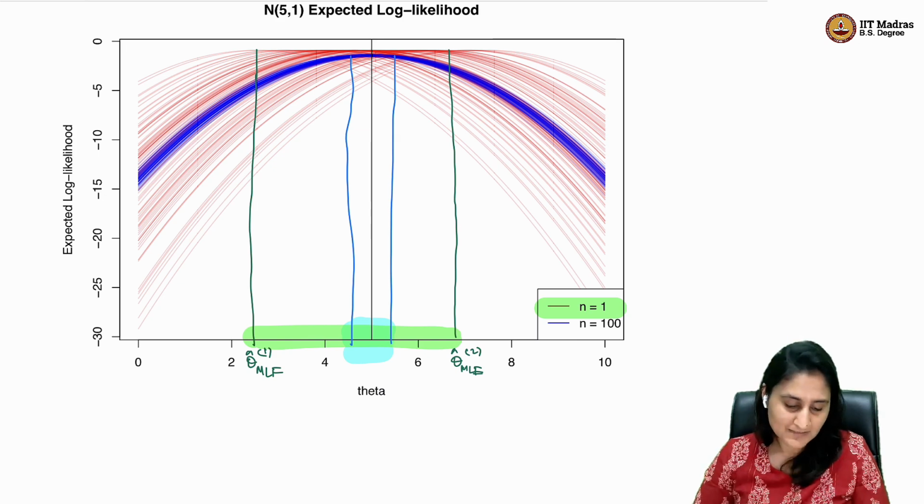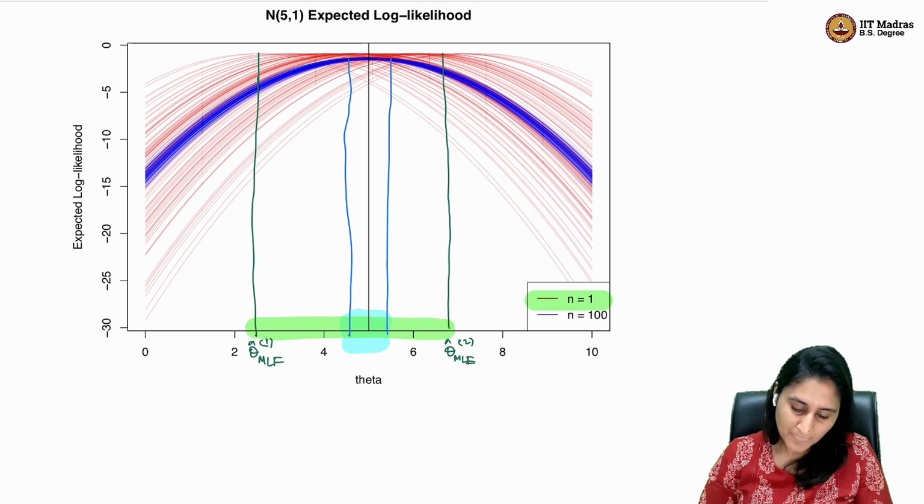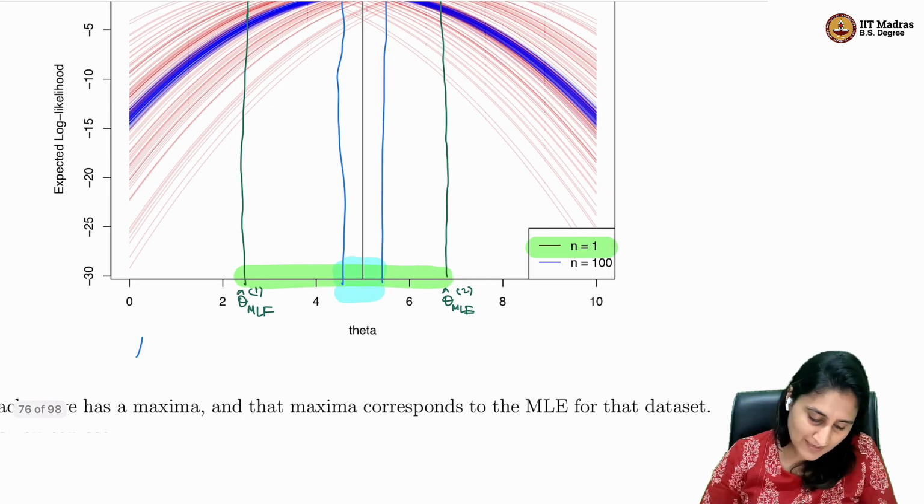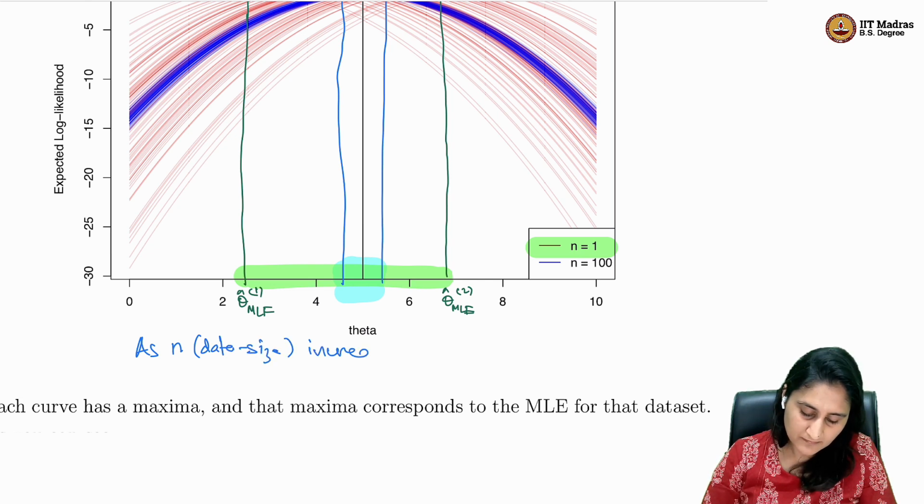So what does this imply? This is really implying that as n, or data size, increases, the MLE estimates have lesser variance.